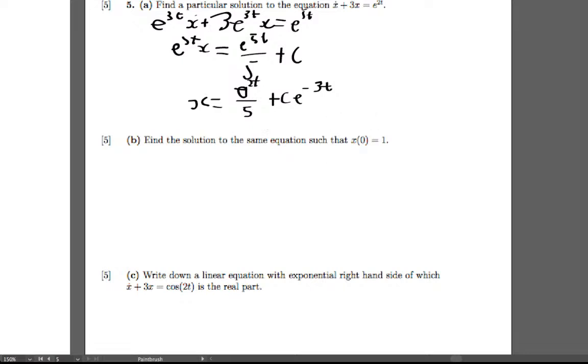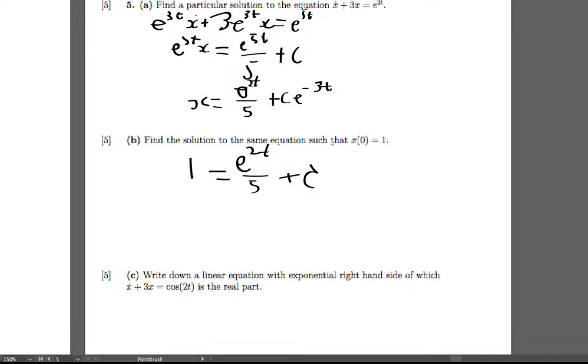So when you plug in 0 into the mix, x would equal e to the power of 1. 1 would equal e to the power of 2t over 5, plus c, a constant.